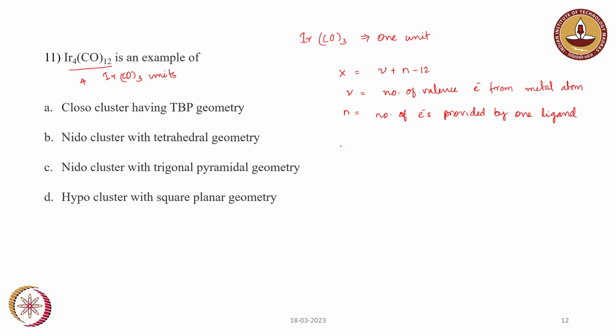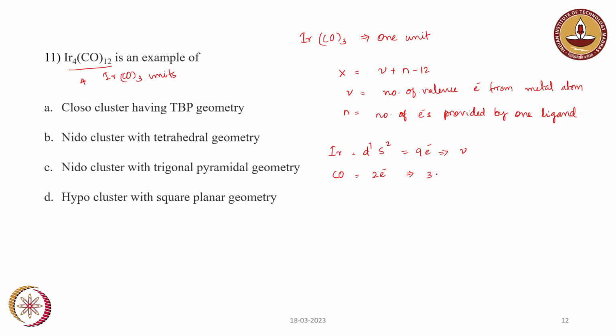So in Ir(CO)3, iridium will be having d7s2 configuration. So that will be 9 electrons given by one iridium, which is mu. And CO provides 2 electrons to the metal center, and there are 3 CO in Ir(CO)3.